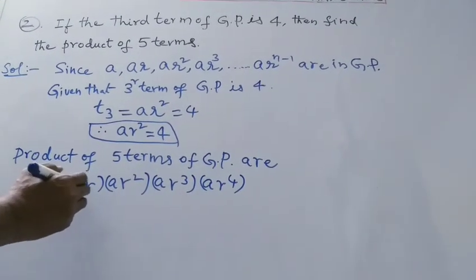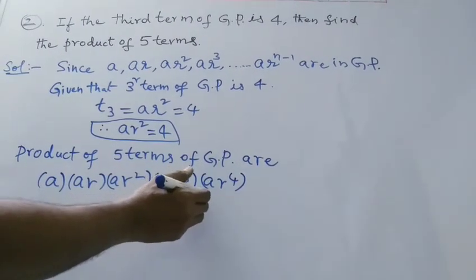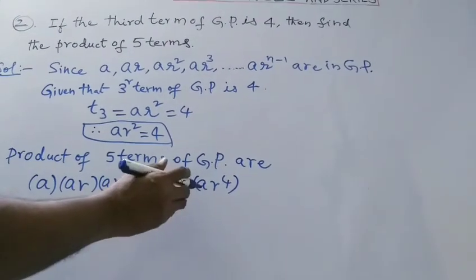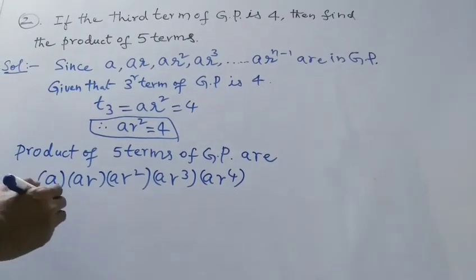First one, second one, third one, fourth one, fifth one. These are the 5 terms of the geometric progression.